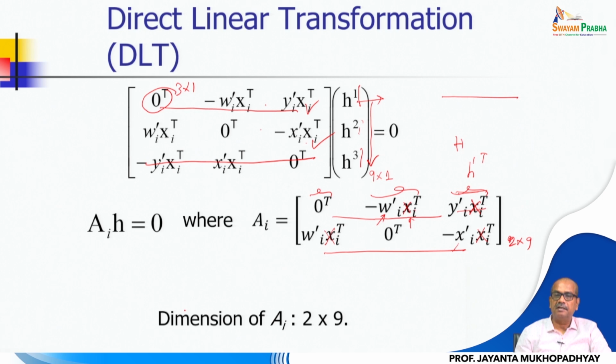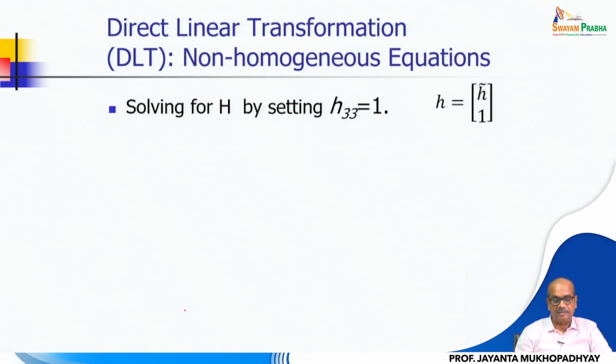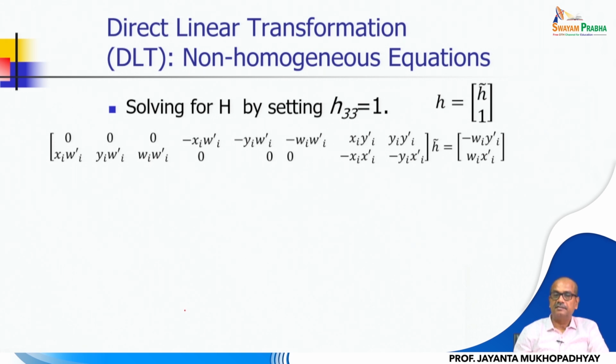So one single point will give me 2 equations, and if I solve for H by setting H33 equal to 1, I can take out all the terms related to H33. Instead of equal to 0, I can make it equal to non-zero elements, which gives non-homogeneous equations. Because if you have non-homogeneous equations, then you can apply the least square error method to solve it.